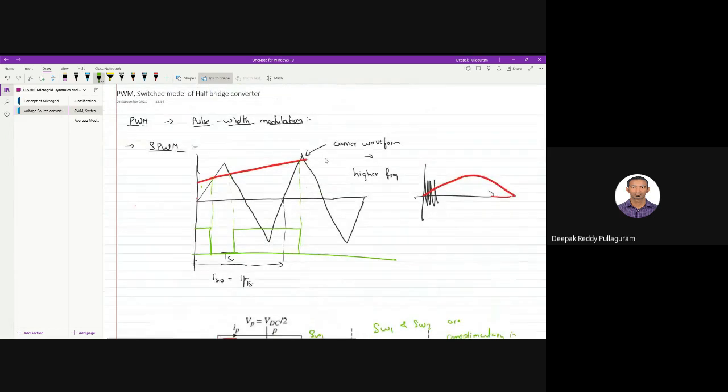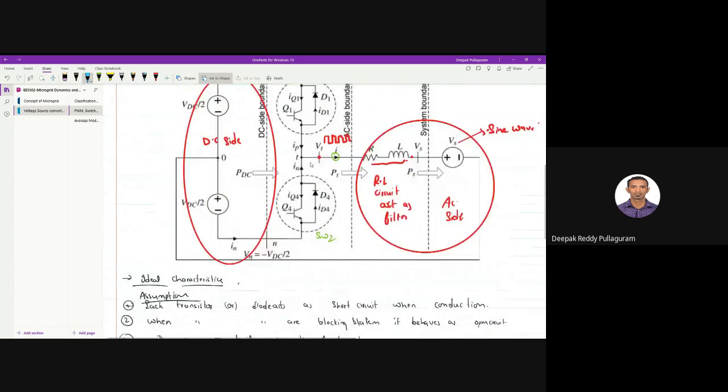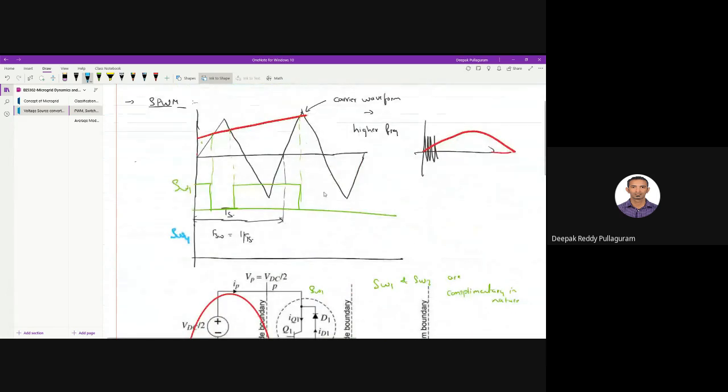In the same way, let me extend this. Let's say this is the SW1 status. Then what should be SW4?